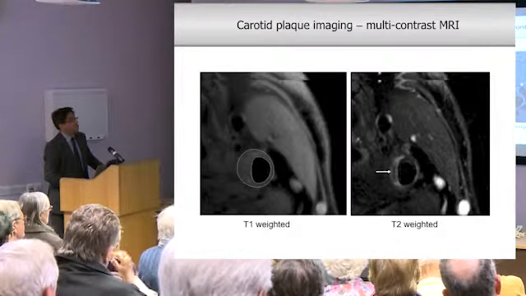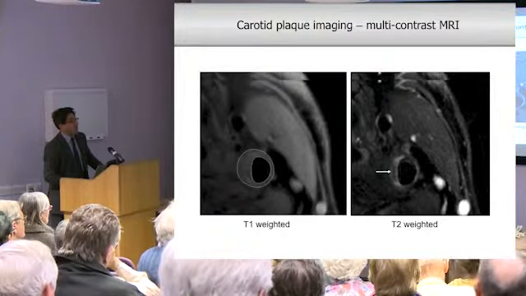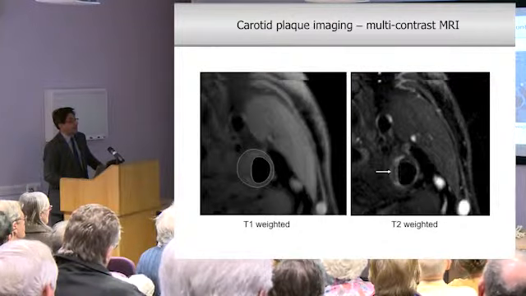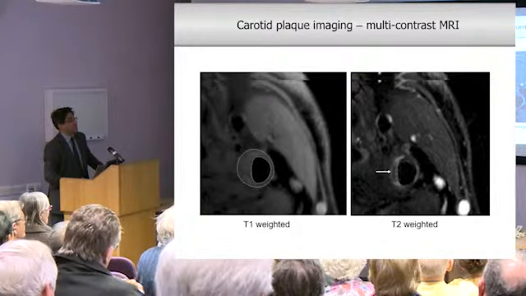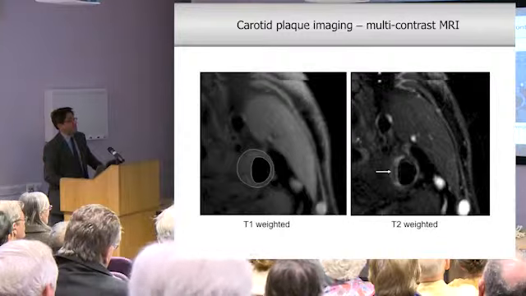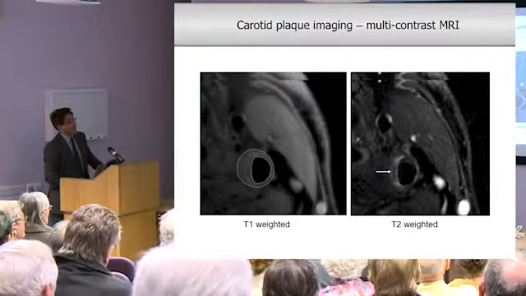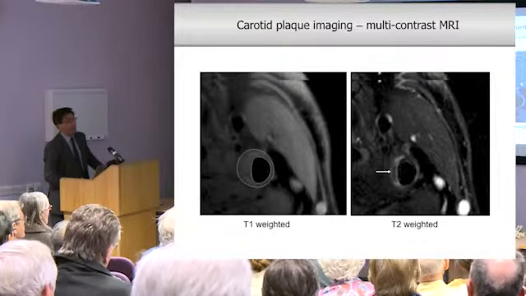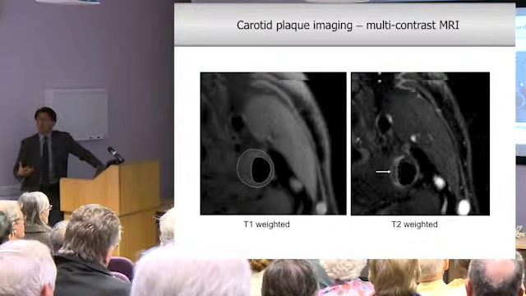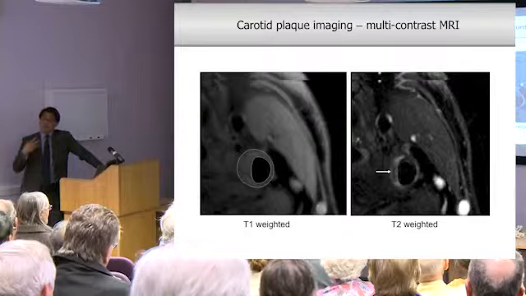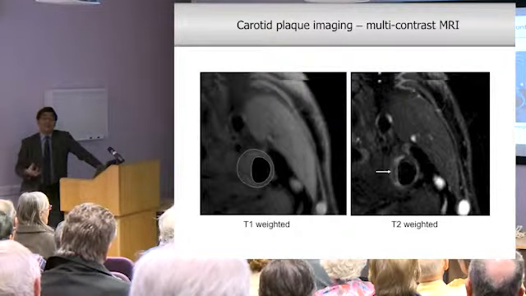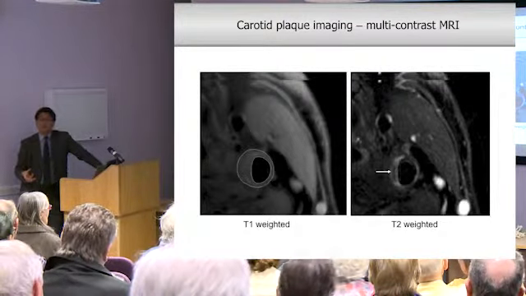And we can use different types of MRI, magnetic resonance imaging techniques, to try and delineate some of the different constituents of the plaque. So I can tell you that when you see this particular pattern, the dark area in the middle corresponds to a pool of dead tissue that is particularly rich in lipid, in fatty components.